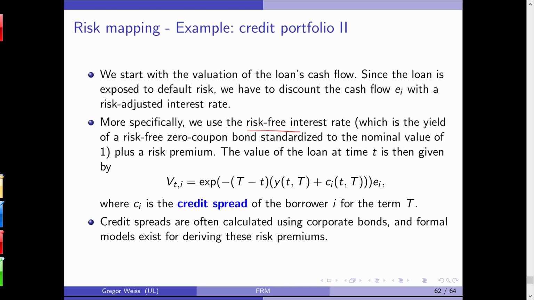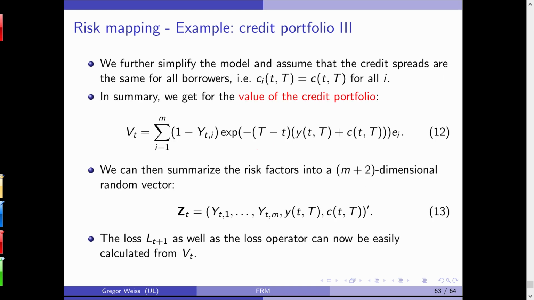And CI is the individual credit spread. So we have a credit risk that can change from loan 1 to loan 2 to loan 3 and so on. How do you estimate credit spreads? The simplest way is simply to go to Bloomberg, extract some credit spreads from bonds, and use credit ratings and so on, and you can simply take market data or data from market specialists to come up with an estimate of the credit spread.